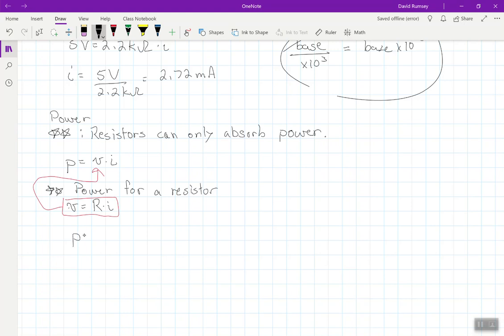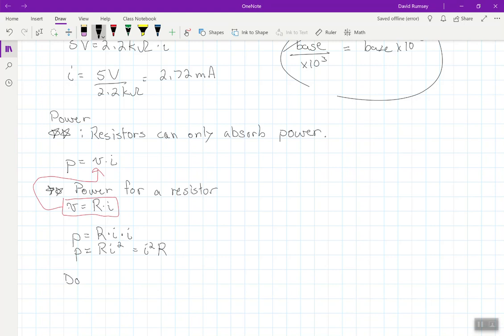Then that power is equal to my resistance times my current, substituting in, times another current, which is R times I squared, which I often write as I squared R. It doesn't matter which way you write it.